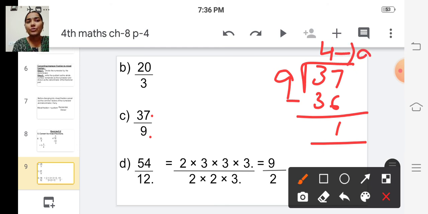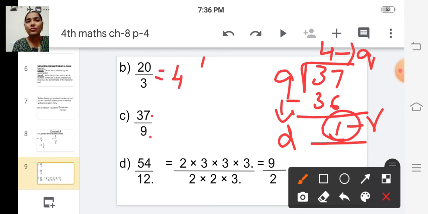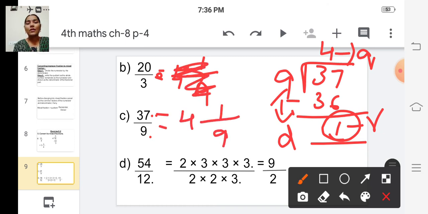This is quotient, this is remainder, this is divisor. Quotient as whole number, so write 4, remainder as numerator, 1, and divisor as denominator, 9. So 4 1 by 9. Sorry, here we have to write 4 1 by 9, not this. For this fraction, it is a mixed fraction, 4 1 by 9.